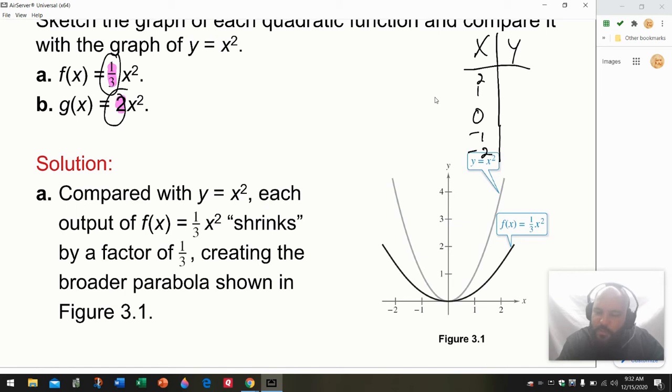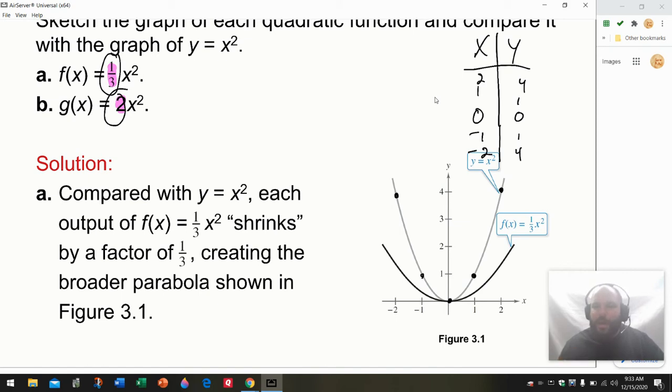You would plug that in and get 0, 1, and 4, and then 1 and 4 right here. So you get 0, 0, 1, 1, and then 2, 4 is up here, -2, 4 is there, and -1, 1 is right there. So that graph in gray is the graph of x squared. And this is why it said use that; we're going to be calling those parent functions. That is the parent function of x squared.